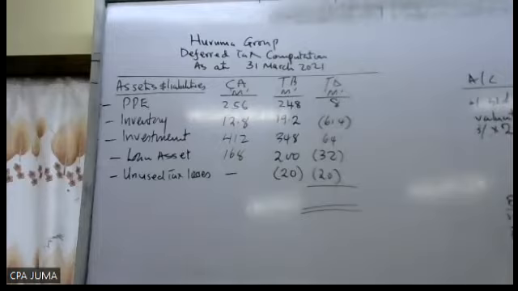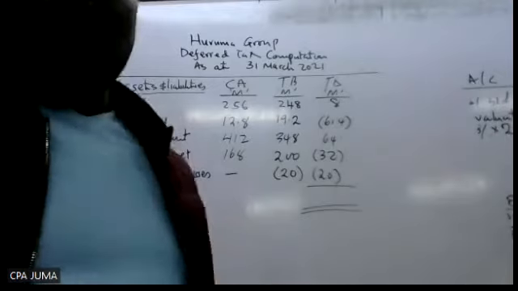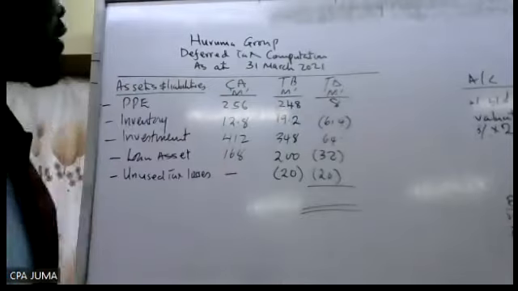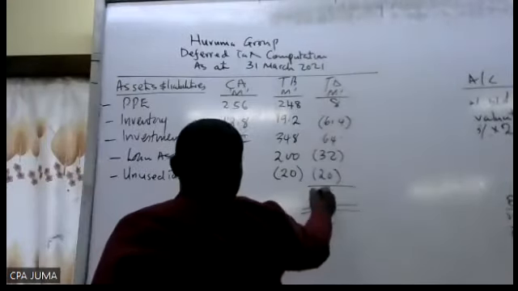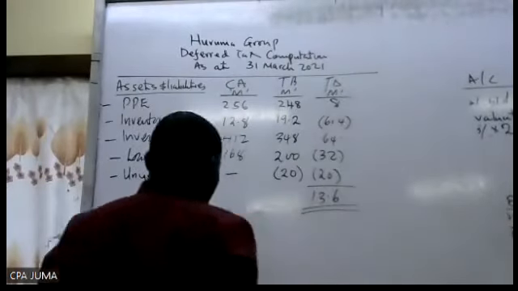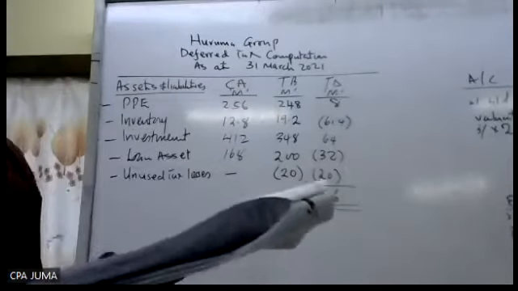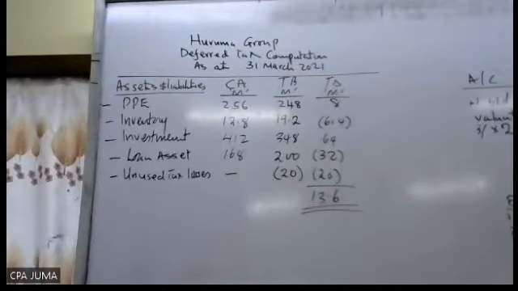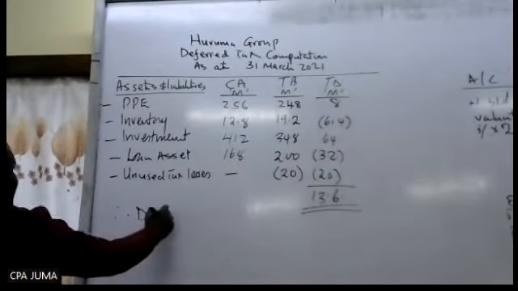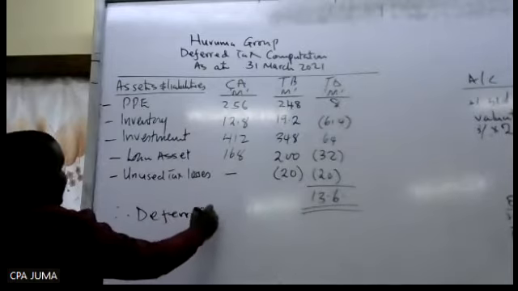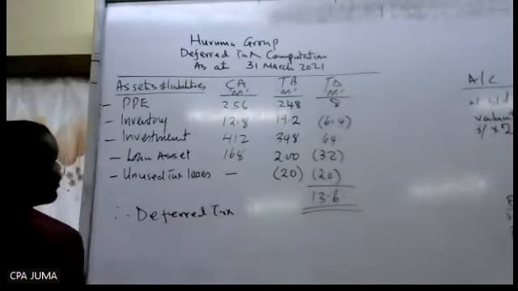How much is that? 13.6. But what was the question? The requirement: determine the deferred tax asset or deferred tax liability. So is deferred tax going to be an asset or liability? It is positive.